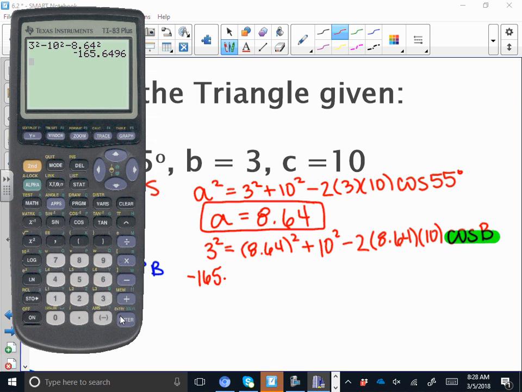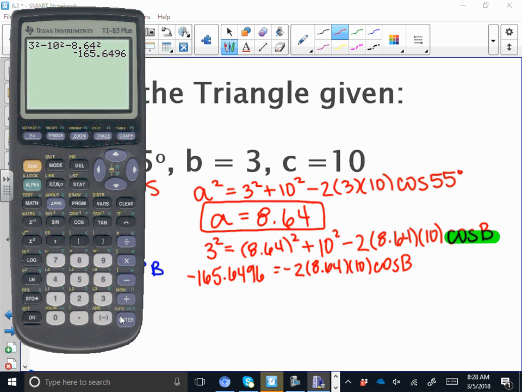Now, I'm going to write it down. I don't care if you write it down or not, but please leave it in your calculator. Then, my next step to solve for the cosine of b would be to divide all of this over.